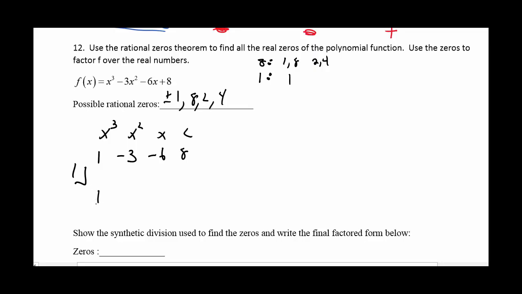So drop the 1 down, multiply. That gives me -2, so -2 there. Oh my, did I get it right the first time? Wow, good for me. All right, so 1 works. So one of my zeros happens to be 1.